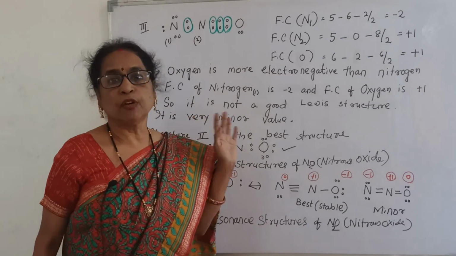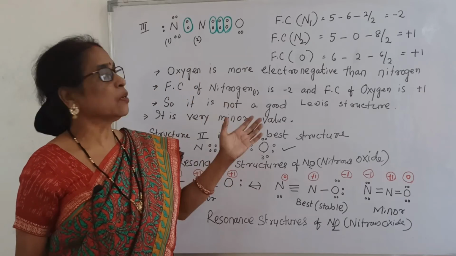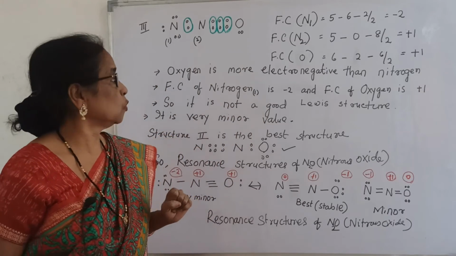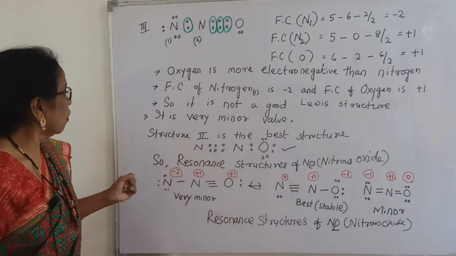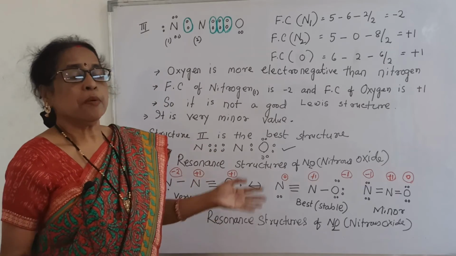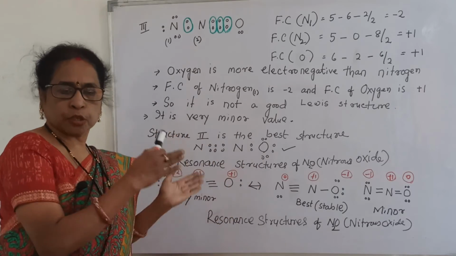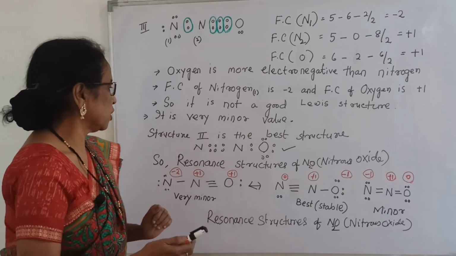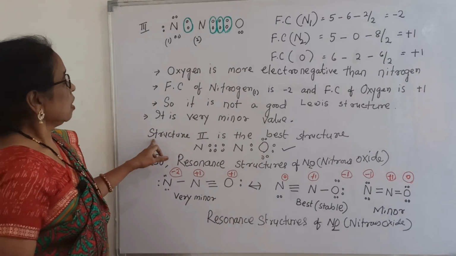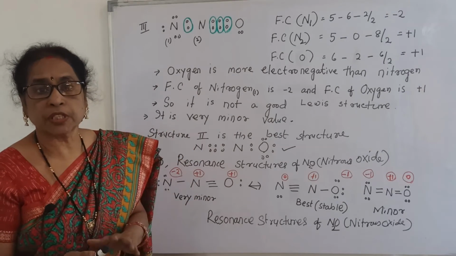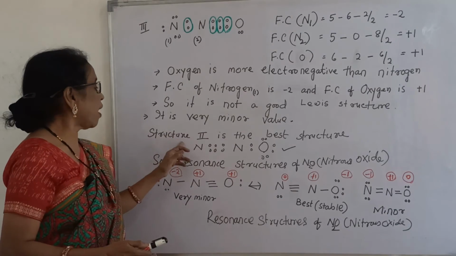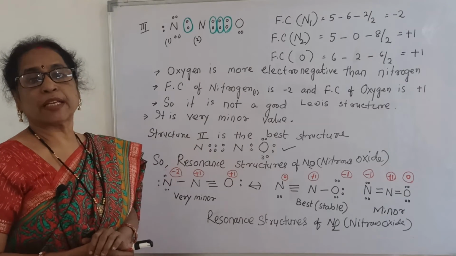It is a very minor value because here nitrogen's value is -2 and oxygen's value is +1. So I hope it is a very minor value, but we will compare structure 1, structure 2 and structure 3. Now when you compare structure 1, structure 2 and structure 3, we find structure 2 is the best one.